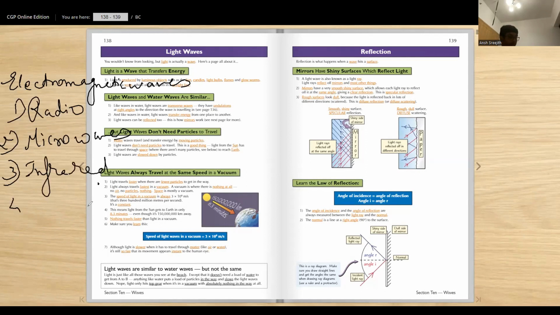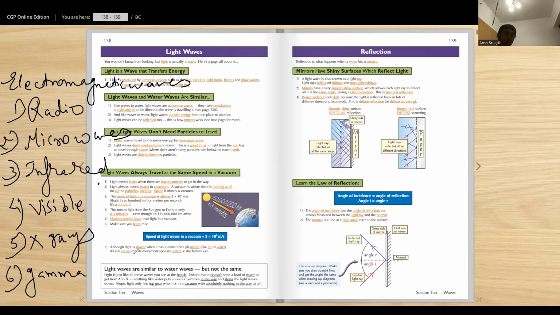Visible rays is your light rays. Then X-rays, then gamma rays. We have already discussed these.